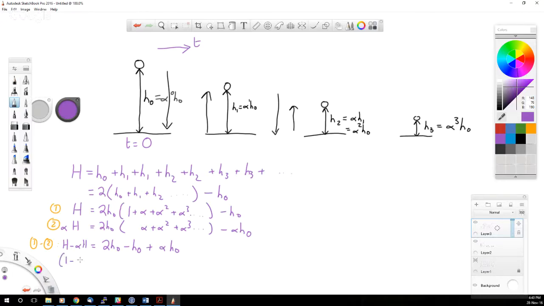Rearranging, 1 minus alpha times this capital H is equal to H0 times 1 plus alpha. And that gives us our final result for the distance the ball travels, H0 times 1 plus alpha divided by 1 minus alpha.